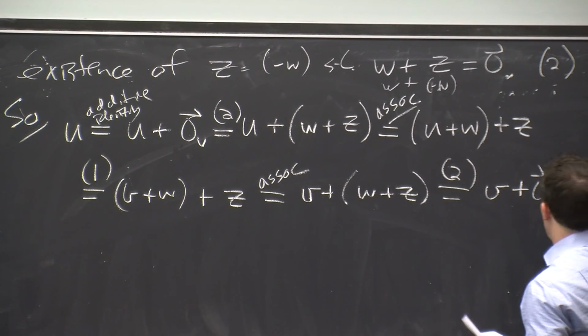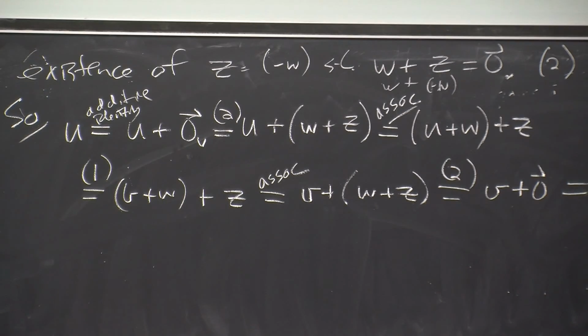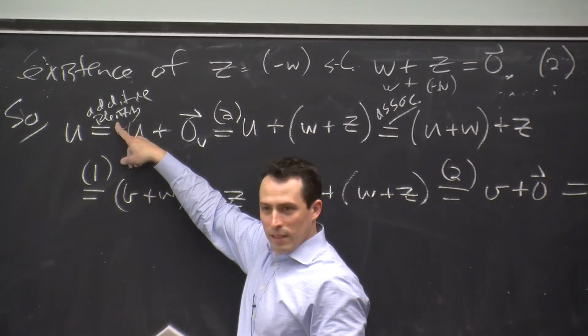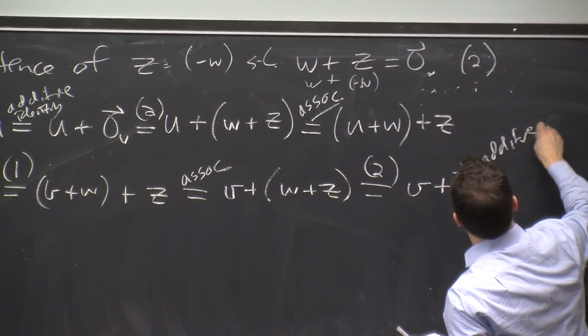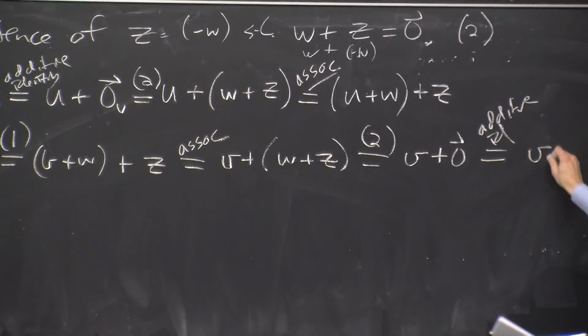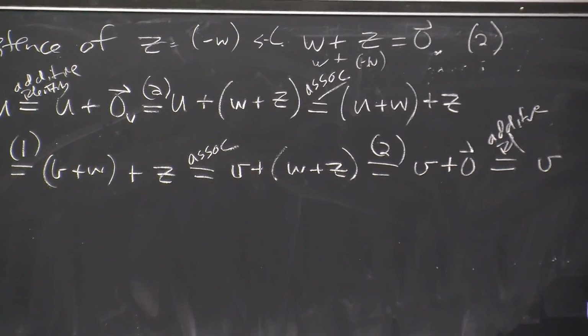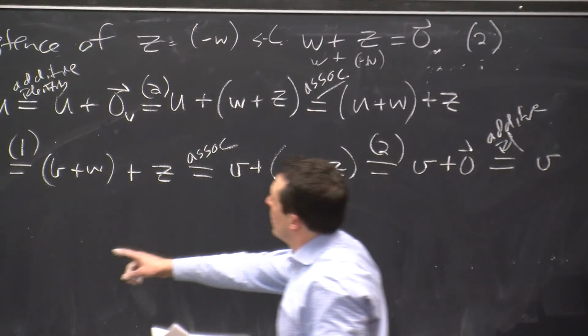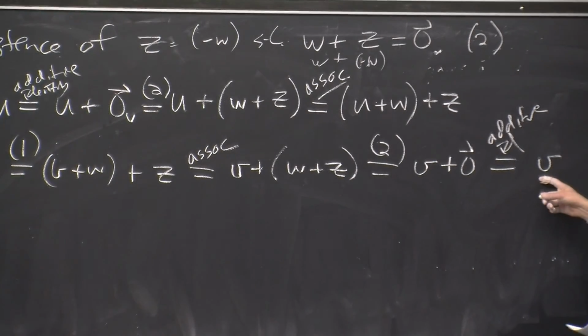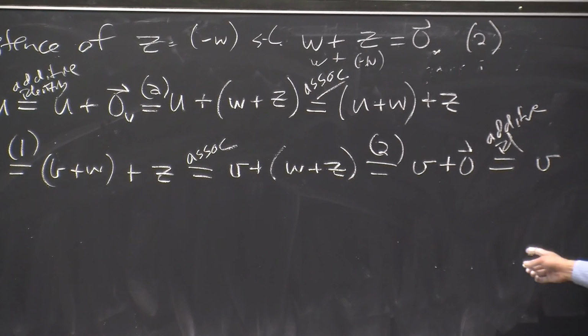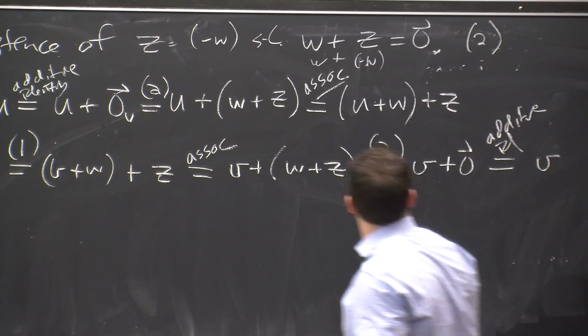Now we have one last step using, again, the additive identity to get to v. OK, so we made a long chain of seemingly obvious statements that led us from u to v. OK, essentially that's what a proof is, right? It's a long chain of obvious things that prove something not obvious. OK.